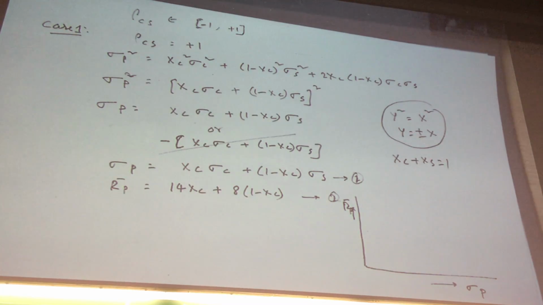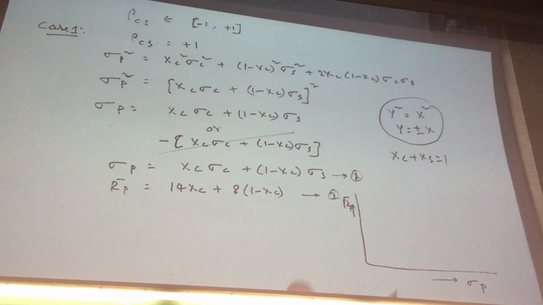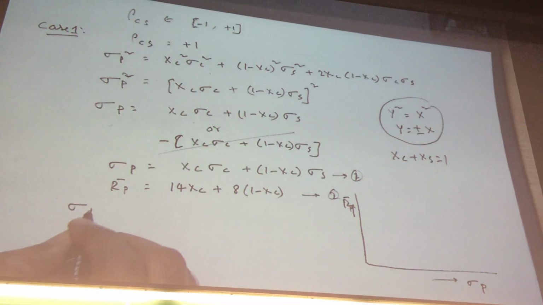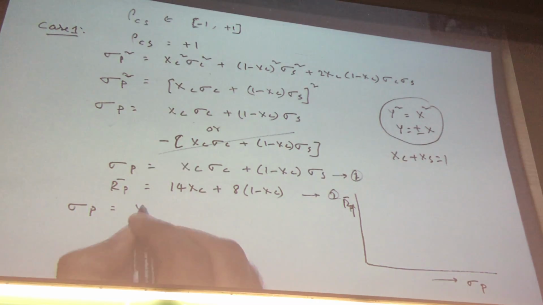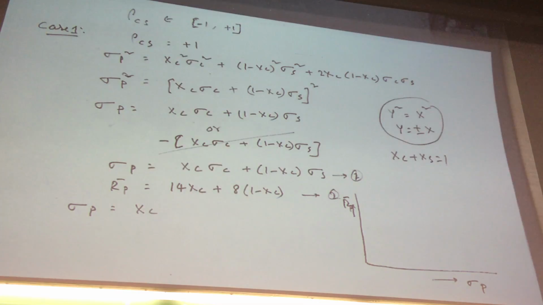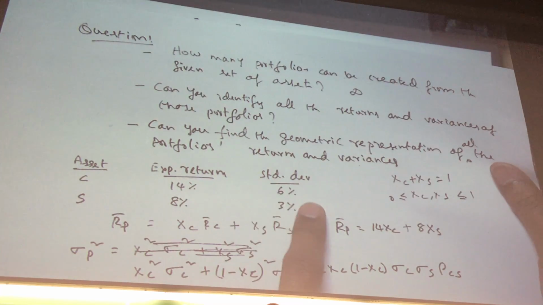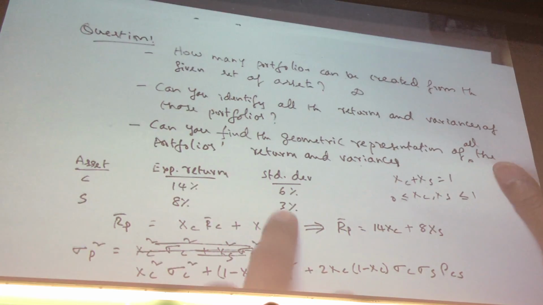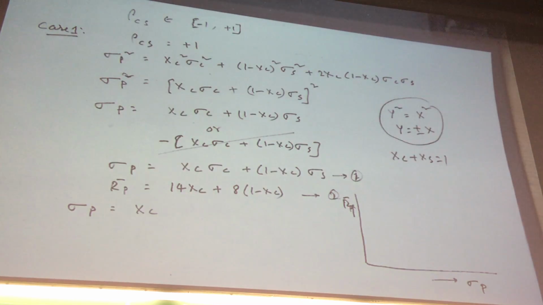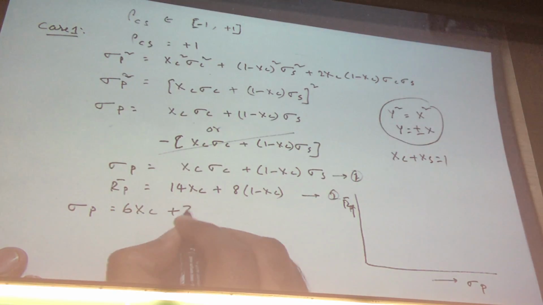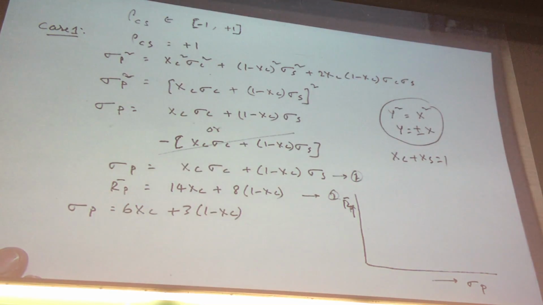So let me write down these things. Sigma c and sigma s are given. So sigma p equals to xc times, what is sigma c that we noted down? Sigma c is 6 in our numerical example. Sigma s is 3. Okay. So 6xc plus 3 times 1 minus xc.